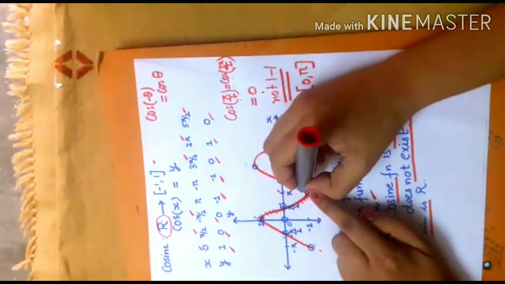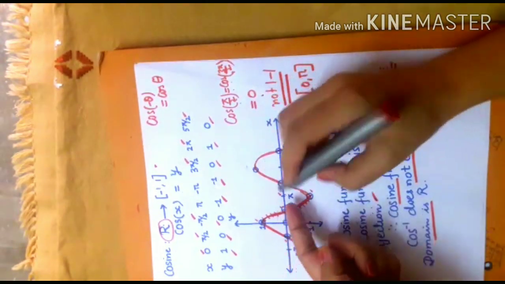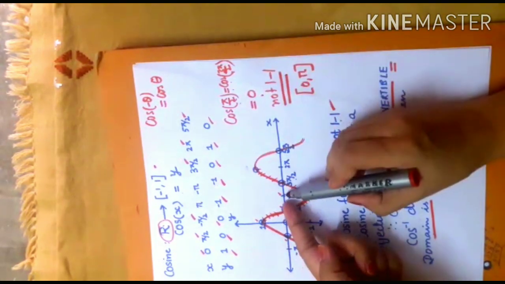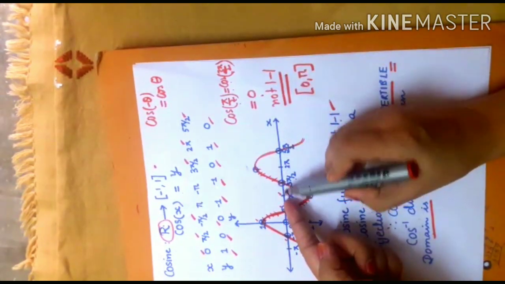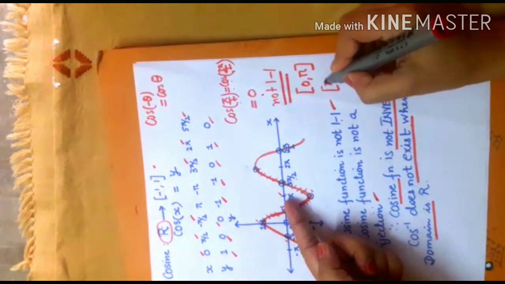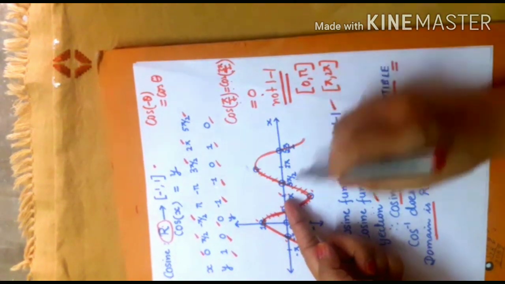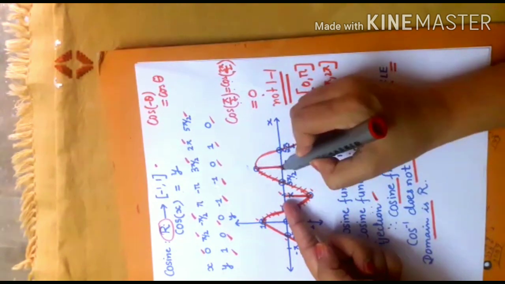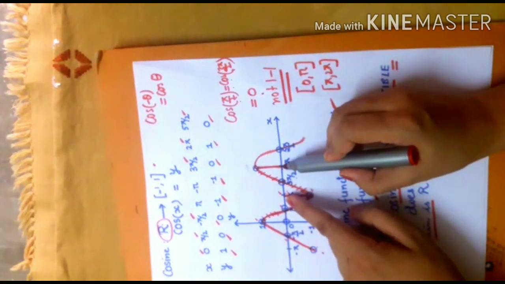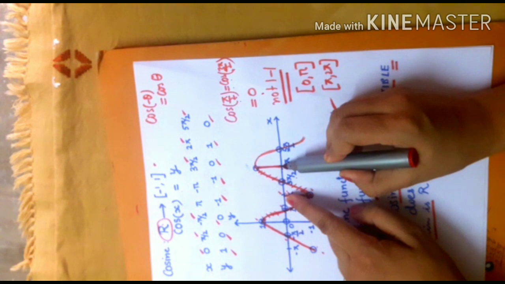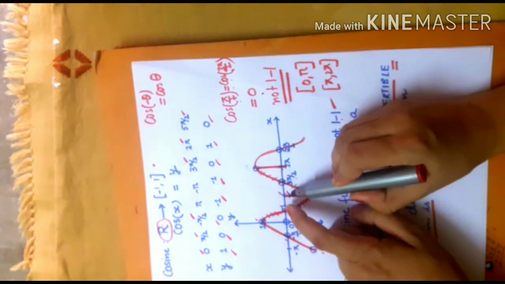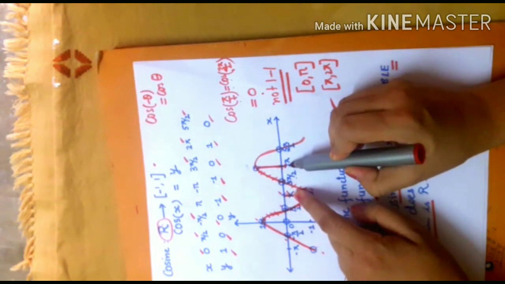Similarly, if I take this branch, that is from pi to 2 pi, the closed interval pi to 2 pi, again in this closed interval, the cos function will be both one-to-one and onto, so it will be invertible in the interval pi to 2 pi.